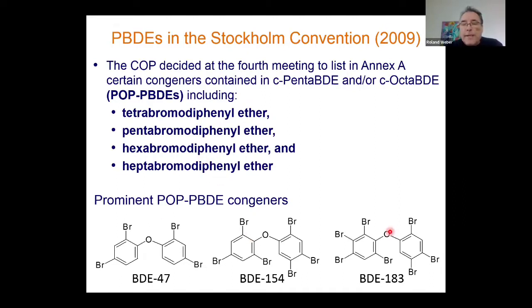So the lower brominated diphenyl ethers, and actually the commercial penta-BDE just contains these homologues, and the commercial octabromodiphenyl ether consists mainly of hexabromodiphenyl and heptabromodiphenyl ethers. So by this listing, both commercial PBDEs were addressed.